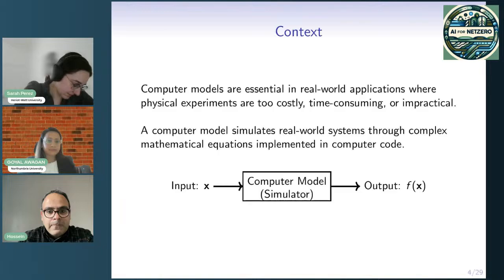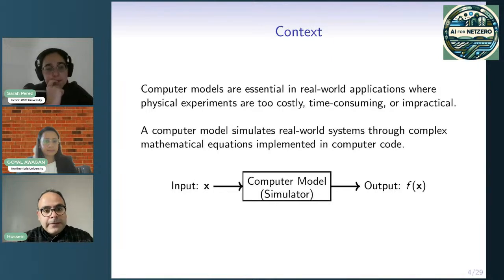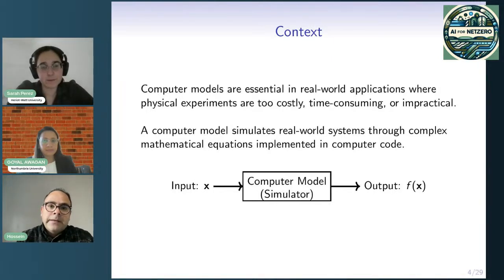Okay, let's start off with the context of this talk. As you know, today computer models, also known as simulators, are widely used in many real-world applications, ranging from climate change to healthcare. Their applications are especially important where conducting physical experiments is costly or even impractical.